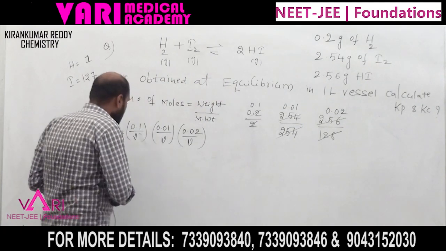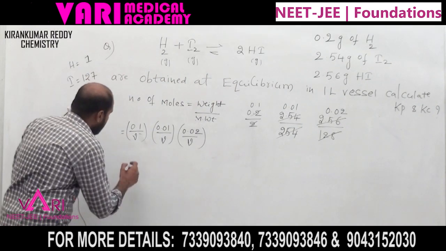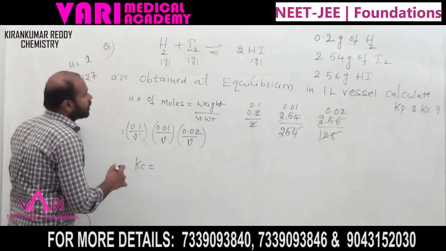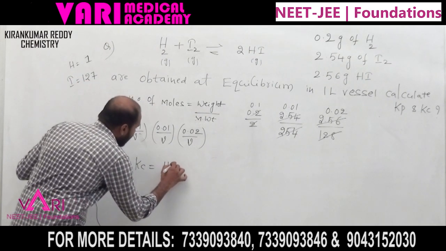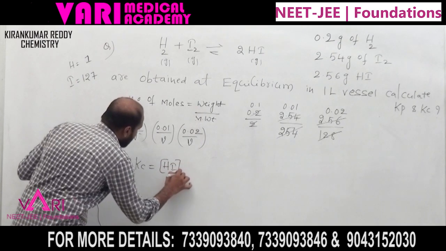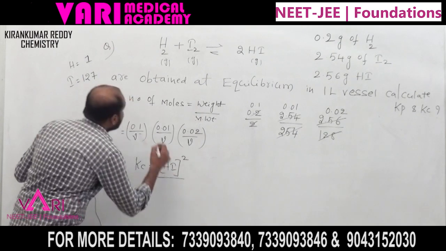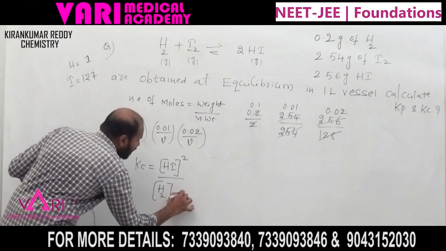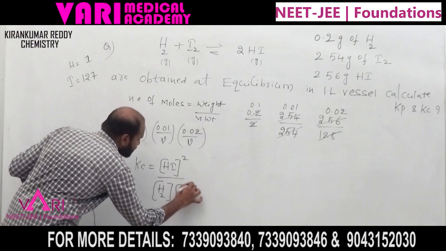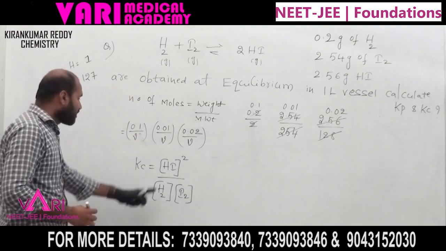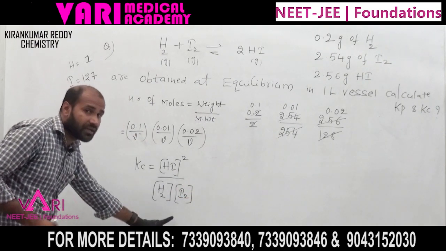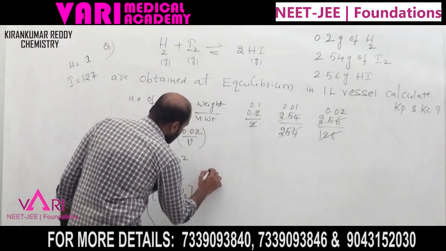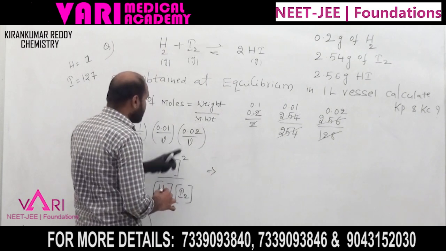Next, what is the formula, students? For Kp, and now Kc I am writing. Kc is equal to product concentration, HI concentration power 2, by H2 concentration and I2 concentration expressed in Kc. This is the formula, you know, product concentration by reactant concentration. Now write the product concentration. What is the product concentration, students?